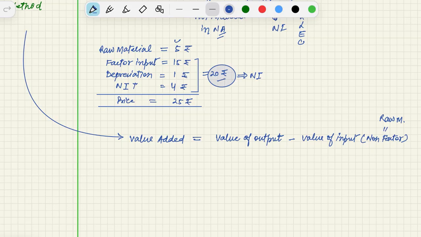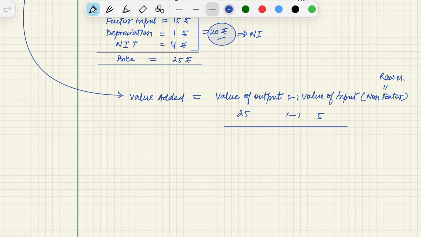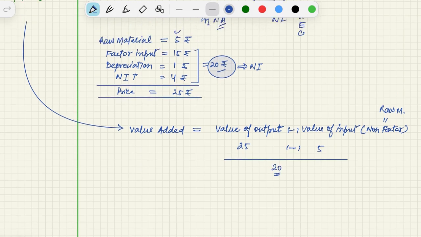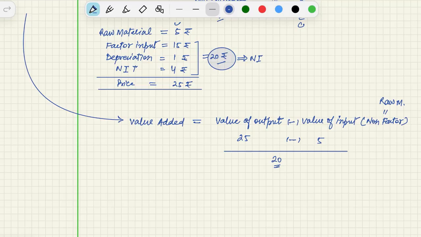So the value of output is totally 25 rupees, and the value of input costs around 5 rupees. So the total value would be 20 rupees. Either you calculate in this way, excluding the raw material cost, or you just subtract it from the value of total output. So 20 rupees would be the value addition.